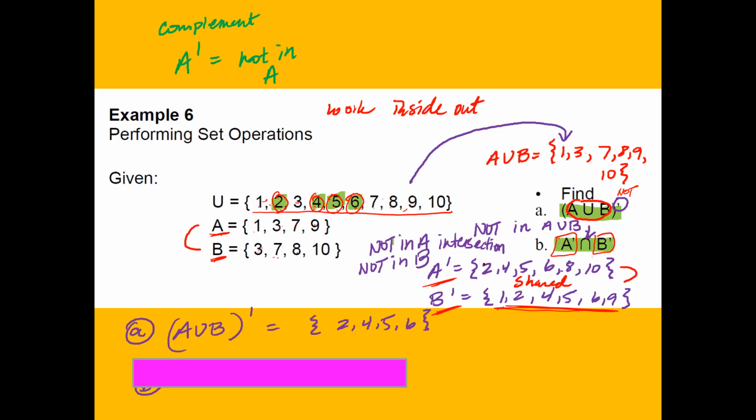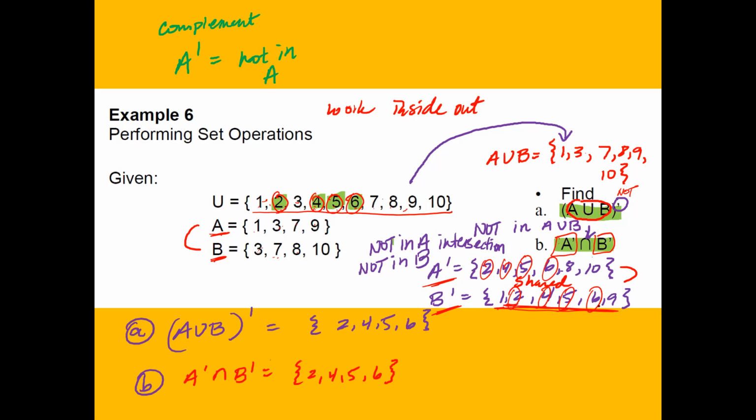They share a 2, a 4, a 5, a 6, and that's it. So your answer for B, the intersection of what is not in A and what is not in B, is 2, 4, 5, 6. And that is your answer.